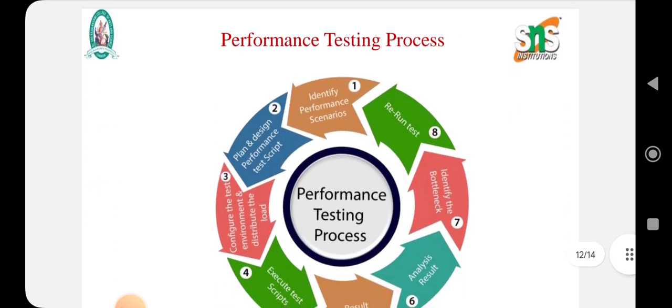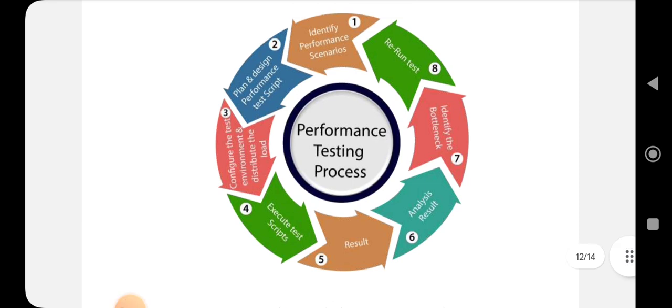Next is the performance testing process. First of all, we identify the performance scenarios. The next step is to plan and design the performance test scripts. With the test scripts, we analyze whether the planning and scheduling are clear or not, and then configure the test. After that, we execute that particular test script. Finally, we retrieve the result. After retrieving the result, we analyze whether the performance level is good or not, and then identify the bottleneck.